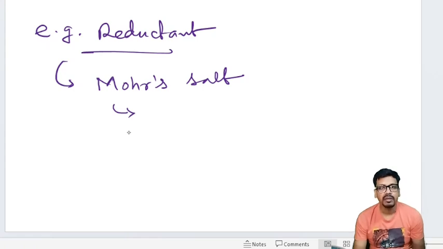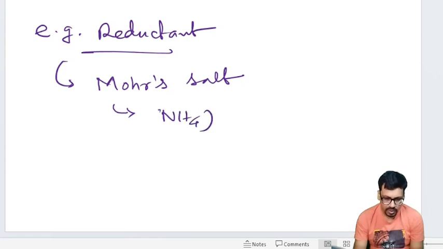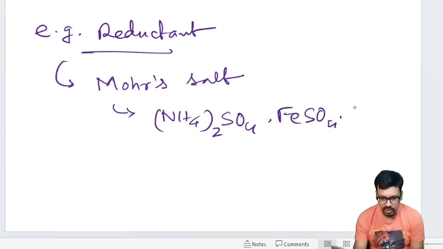This is a double salt. It contains ammonium sulfate and ferrous sulfate, and it is a hexahydrate that has 6H2O. So this is ammonium sulfate (NH4)2SO4, FeSO4, and there is 6H2O.